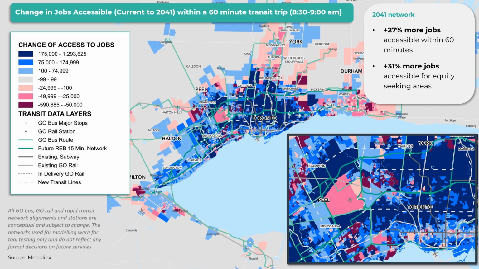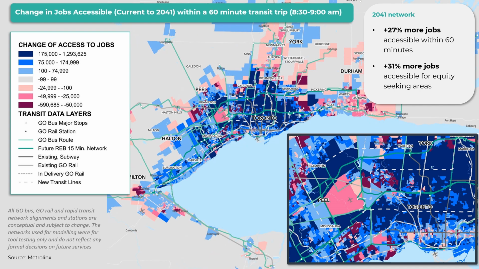Ultimately, the new network will radically transform transit access across the core GGH, significantly expanding the public's access to jobs and services, with clear benefits shown along all improvement corridors such as Huron-Ontario, Eglinton Avenue, Finch West, and along Highway 7 and Brampton's Queen Street, as well as into Scarborough.